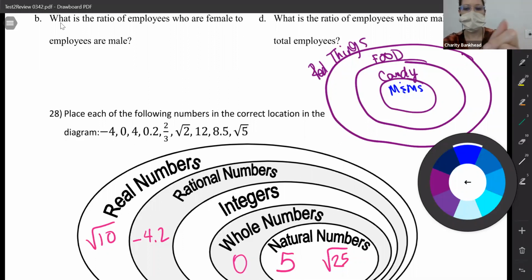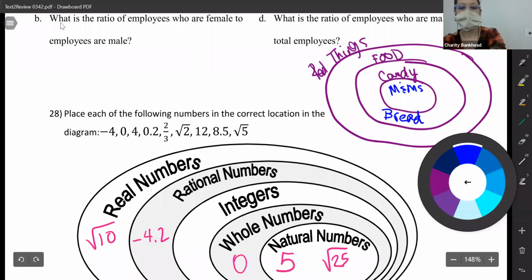But when I write it in the inner circle, it's already inside all the other circles. So I don't need to keep writing it 3 more times or 2 more times or whatever. And like I could put here bread, because that's a type of food, but it's not candy, but it's also a real thing.